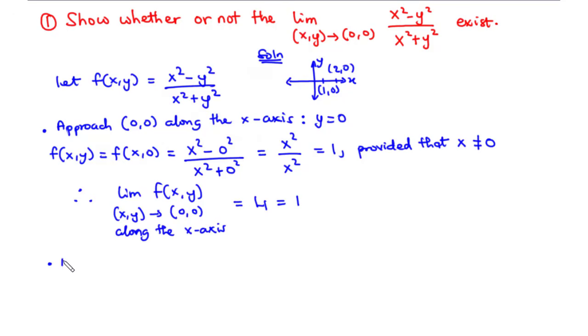Again, we are going to approach the point (0, 0) along another direction, this time along the y-axis. Also on the y-axis, we have x equal to 0. Along this line, x is equal to 0.